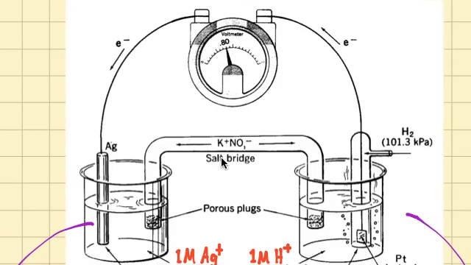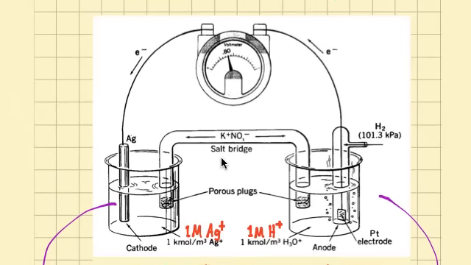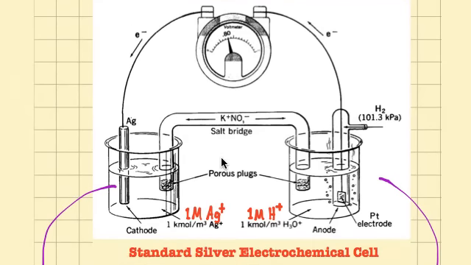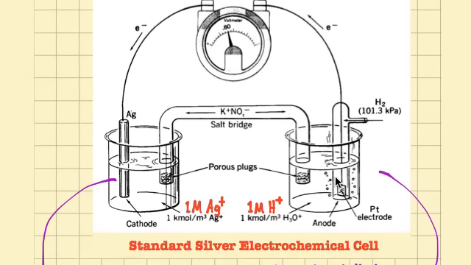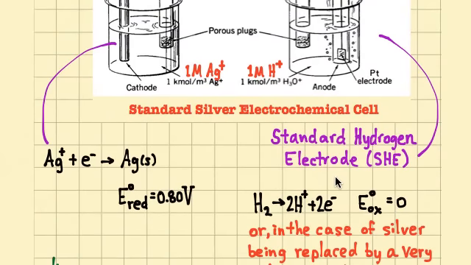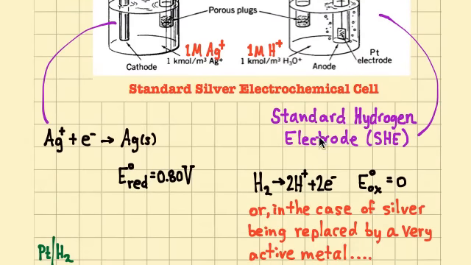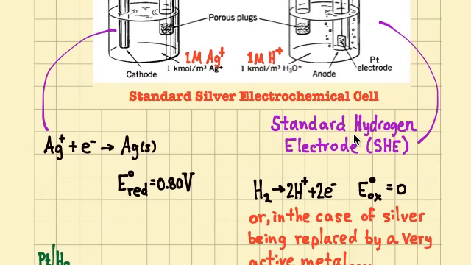So here's a little diagram I clipped off the internet. I just labeled it standard silver electrochemical cell. I called it the silver because I put a piece of silver over here into some 1 molar silver water. And over here I had the standard reference electrode called the standard hydrogen reference electrode, SHE, capital letters.